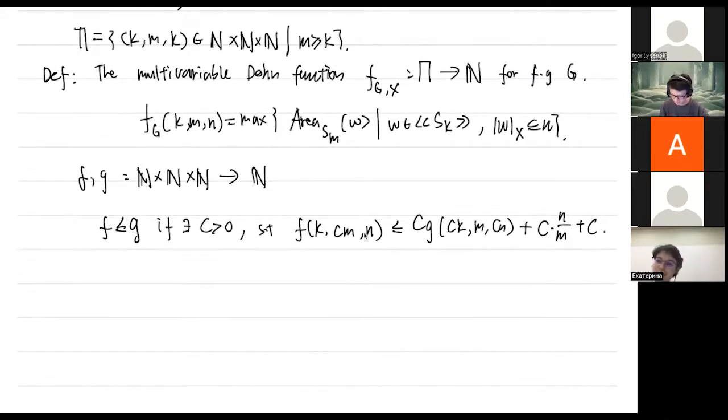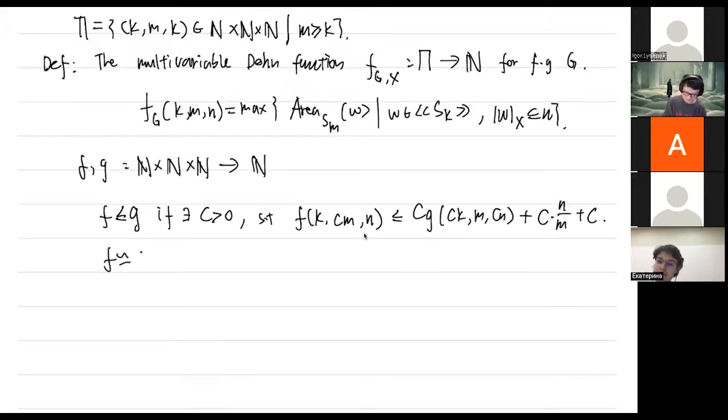So that's the new equivalence class, and of course f is equivalent to G if and only if f is bounded by G and G is bounded by f.